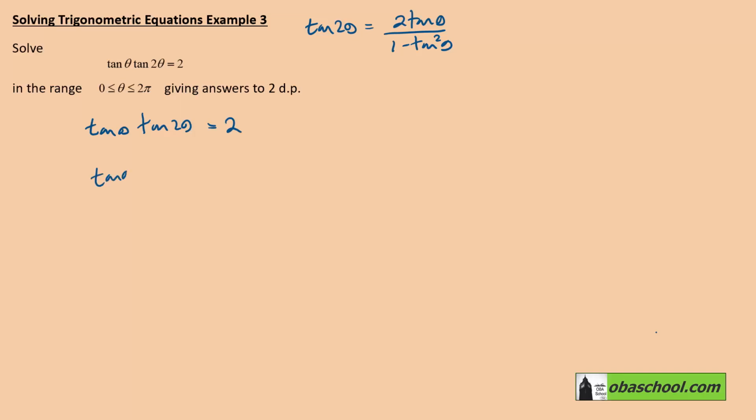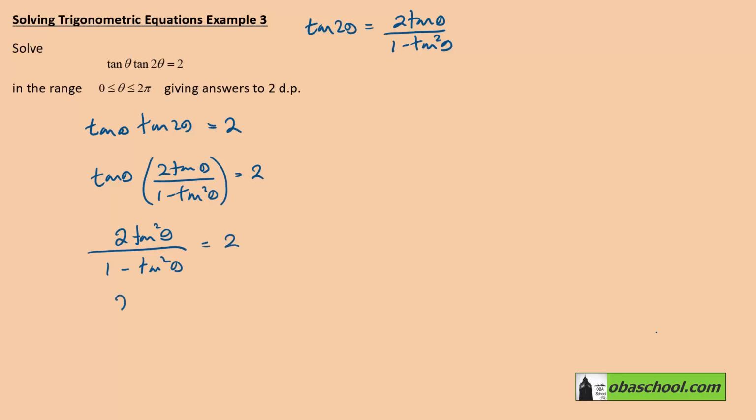So we've got tan theta times 2 tan theta over 1 minus tan squared theta is equal to 2. So that's 2 tan squared theta, just multiplying the tops here, over 1 minus tan squared theta equals 2. So 2 tan squared theta is going to be twice 1 minus tan squared theta.